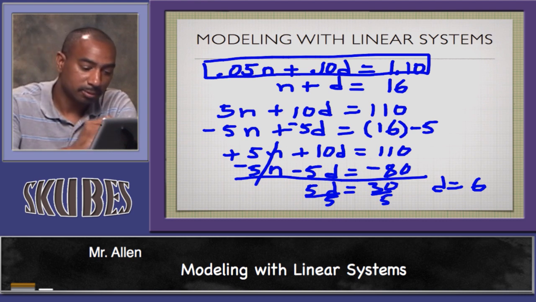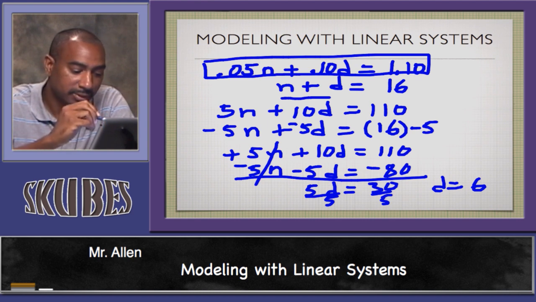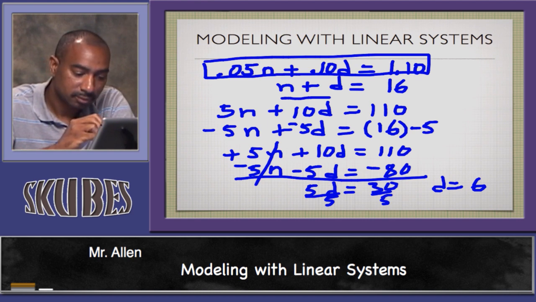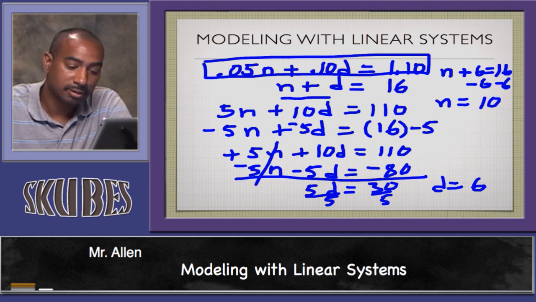And you can plug that into the second equation and figure out the amount of nickels. So you have n plus 6 equals 16. If I subtract 6 from both sides, the amount of nickels has to be 10. So we know there are exactly 6 dimes and 10 nickels.